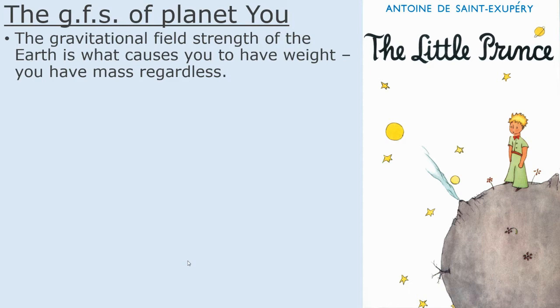And you found that the bigger, more massive the planet, the more you would weigh. That's one of the reasons why, if you went to Jupiter, you would be crushed. Why, if you go to the moon or Mars, you can jump really high. Your mass is the same, but your weight is less, so you find it easier to jump around.